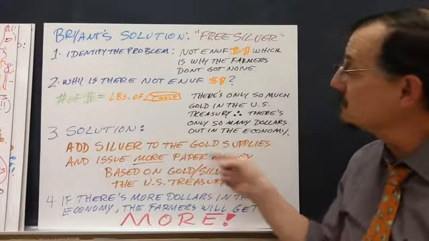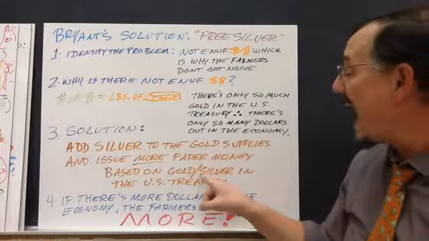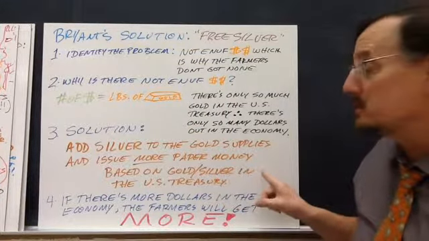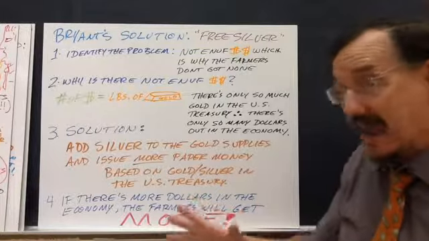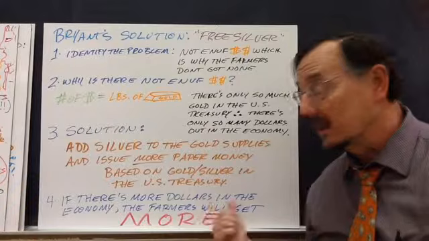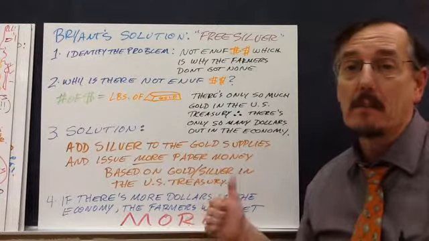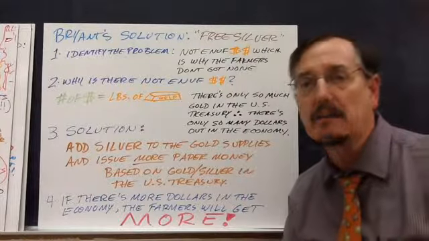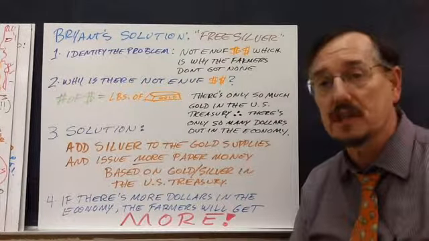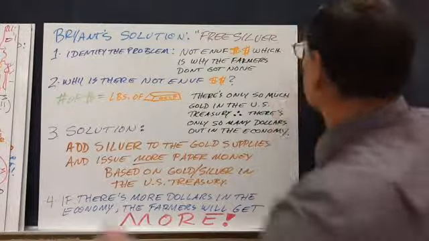Because the paper money is no longer based only on gold, it's going to be based on gold and silver that the U.S. Treasury has. And it makes sense, if there's more dollars in the economy, then the farmers are going to get more. It actually kind of makes sense, and probably a lot more sense than what those idiots are doing at the Federal Reserve right now. But that's another story.